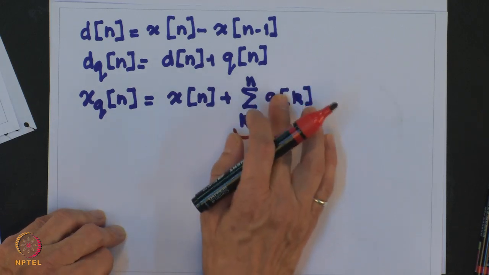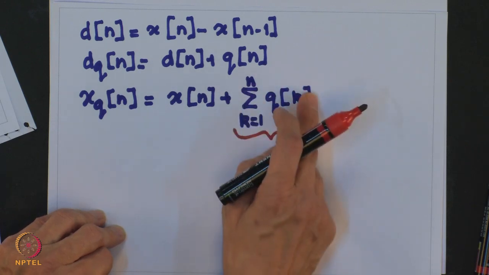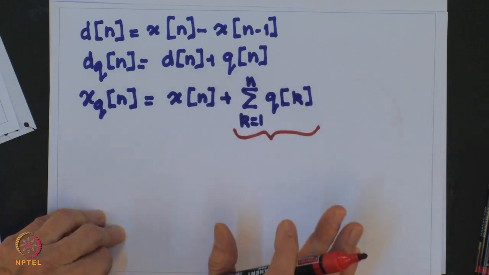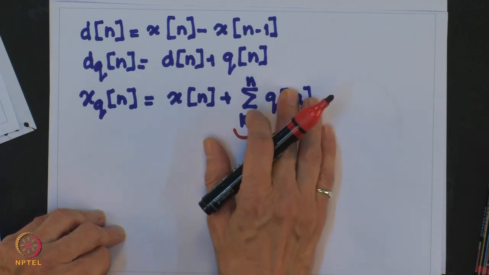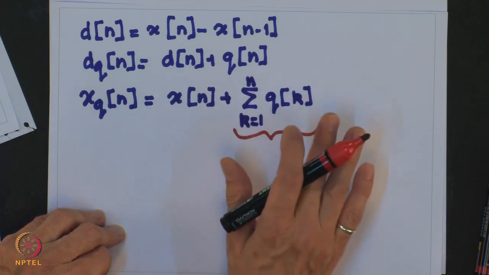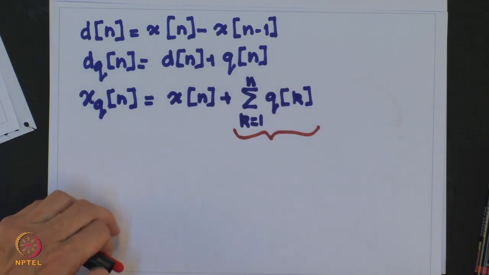Now, theoretically, if the quantization error process is a zero mean process, then the errors will cancel each other in the long run. But in practice, often long before that can happen, the finite precision of the machine causes the reconstruction value to overflow.